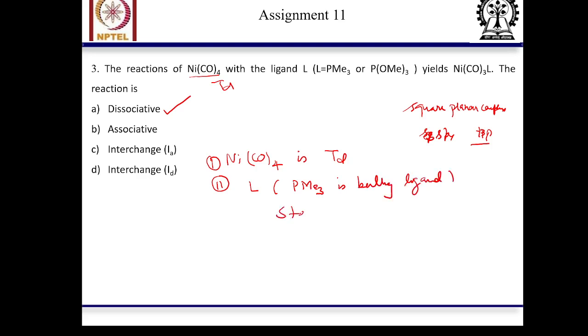So the steric factor is the main reason why it will be dissociative, not associative. Because PMe3 or P(OMe)3 is a bulky ligand, it cannot attack the tetrahedral complex and form a five-coordinate intermediate. Okay.